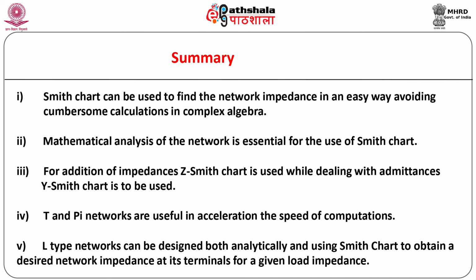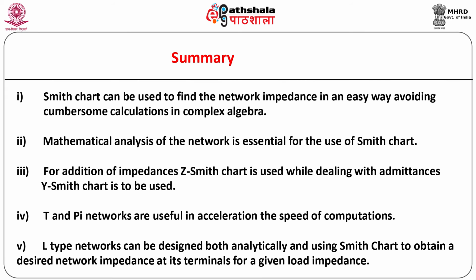Well friends, as a summary we can remember that Smith chart is a very powerful tool to graphically estimate various types of transmission line quantities such as reflection coefficient, transmission coefficient, VSWR, etc. Smith chart is generally an impedance chart.